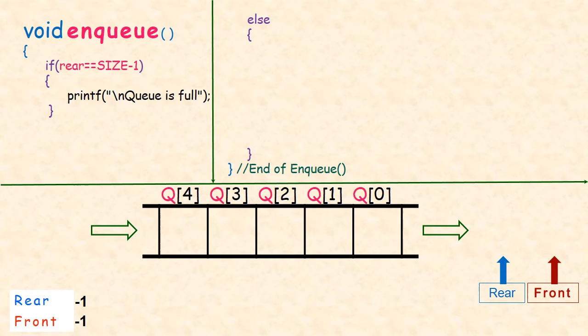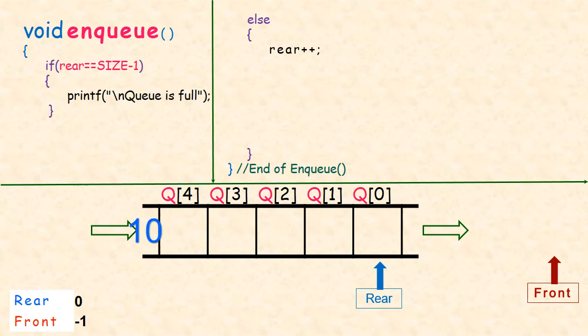Firstly, what will we do? We will increment the rear, because insertion can happen from the rear end only. The initial values of rear and front are actually -1 and -1. After incrementing rear, what will be the rear value? 0. When rear is 0, rear points to queue of 0, that is the first position of this array, right?